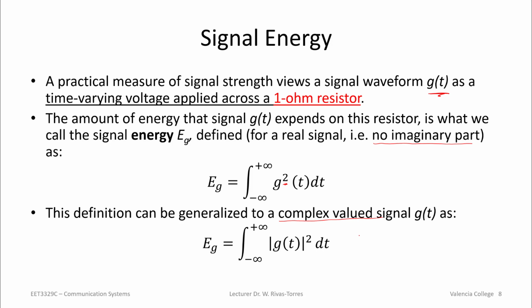If you remember the magnitude of a number, we use the two bars to represent the magnitude. Let's call it X, and say X equals A plus JB. You might remember that the magnitude of X equals the square root of A squared plus B squared. That's the magnitude that we're talking about in this integral.